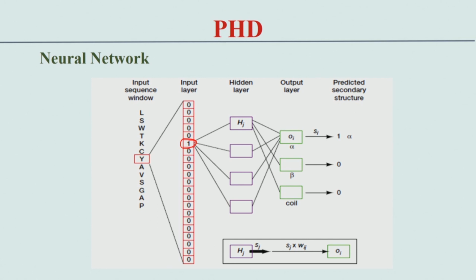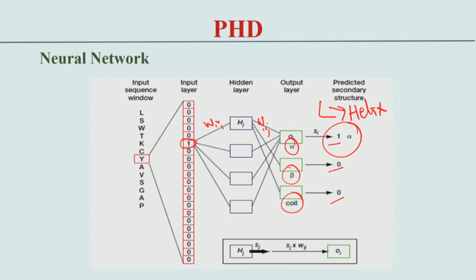They assign different weights between i and j, and based on these weights they give the values for the output. What is the preferred probability of that particular residue Y being in helix, strand or coil? For example, if you give this 1, and this probability is 0 and this probability is 0, then we can say this residue L is in helix.